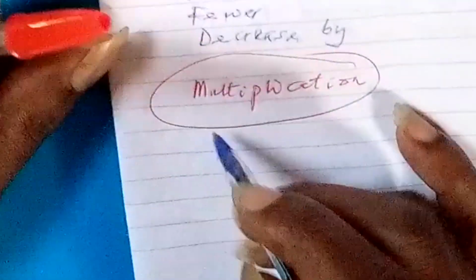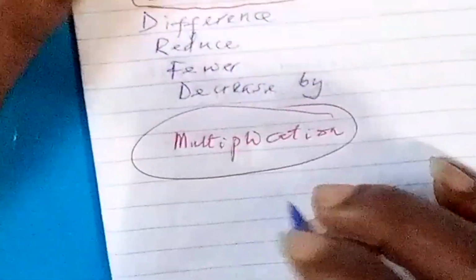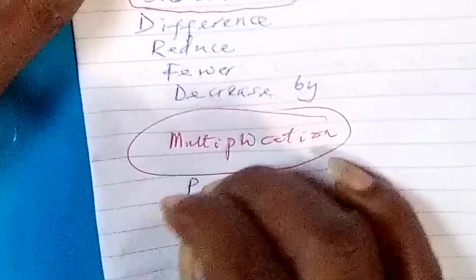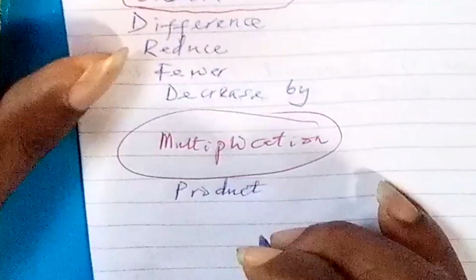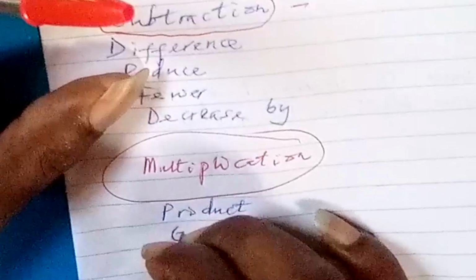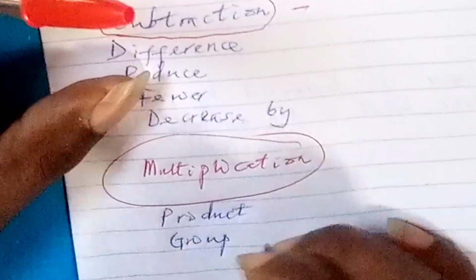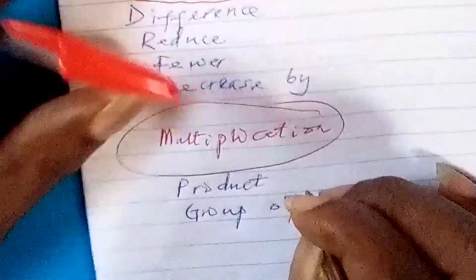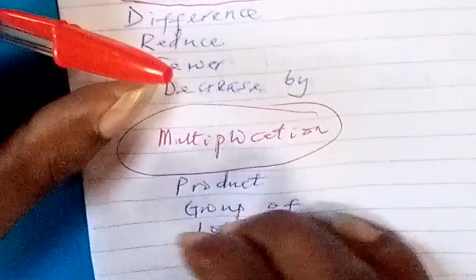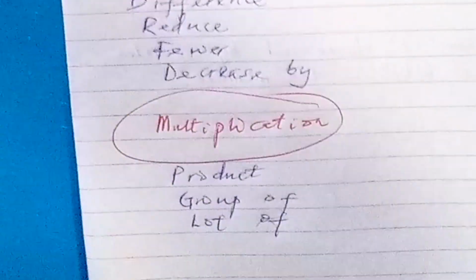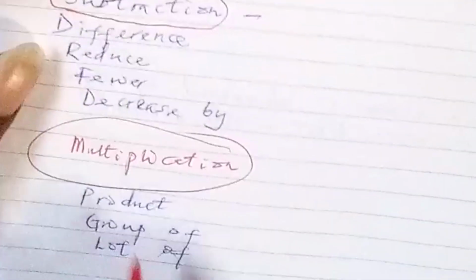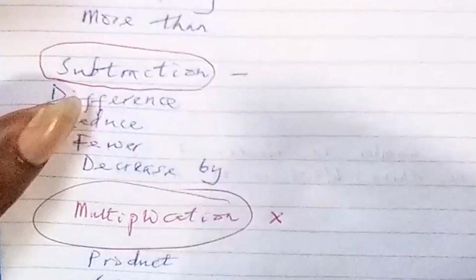These are some of the words that you will mostly see: product, group of, lot of, multiply, and more. Whenever we see any of these words in a mathematical word problem, we should think of multiplication.